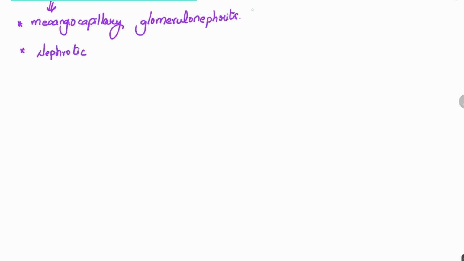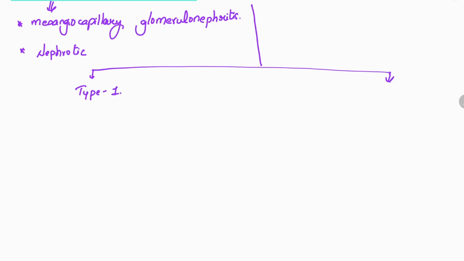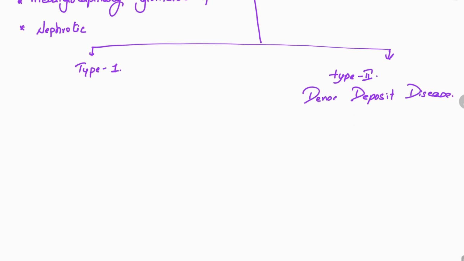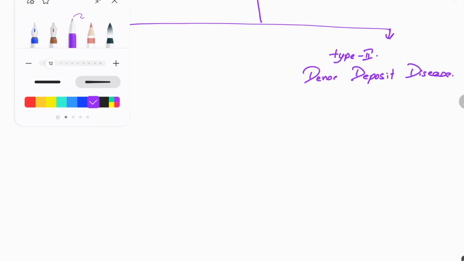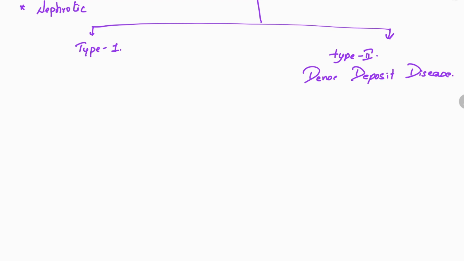Okay. This is divided into two types. First one is type 1. Second one is type 2, which is also called as dense deposit disease. Okay. So now let's learn about the first one, that is type 1 membranoproliferative glomerulonephritis.